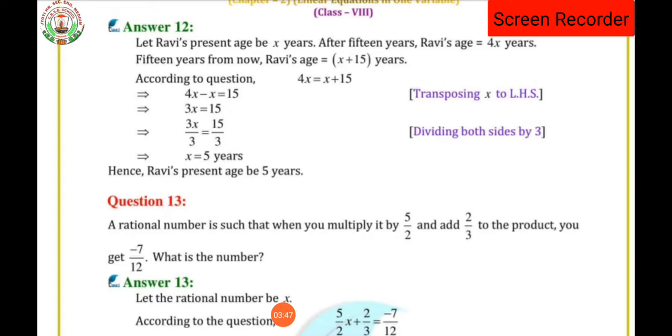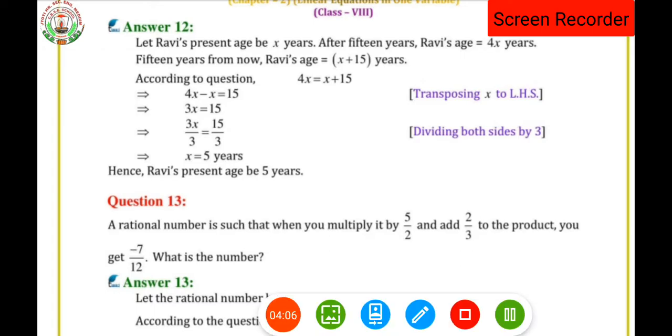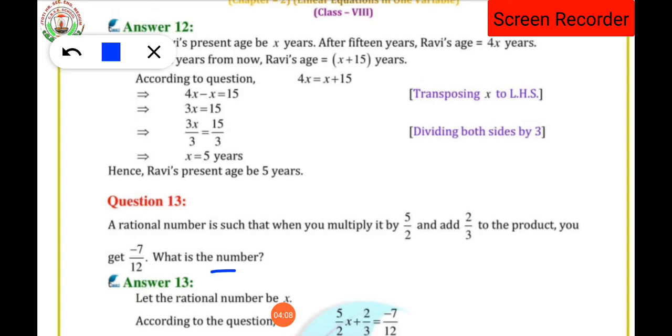What does the 13th question say? A rational number is such that when you multiply it by 5 by 2 and add 2 by 3 to the product, you get minus 7 upon 12. What is the number? Have you understood the question? Here, let the number be x.